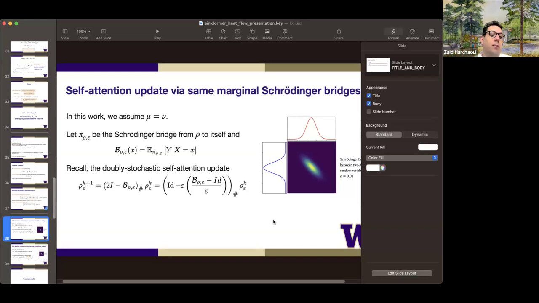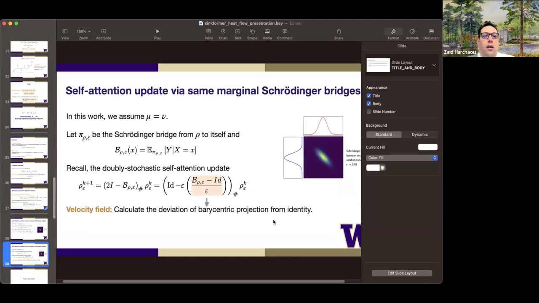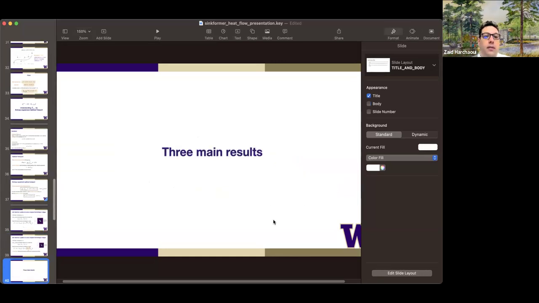And the transformation that is applied by the self-attention layer uses the couplings of that distribution of particles onto itself. The map of course transforms the set of particles, but it relies on that. Okay, so I skip that.